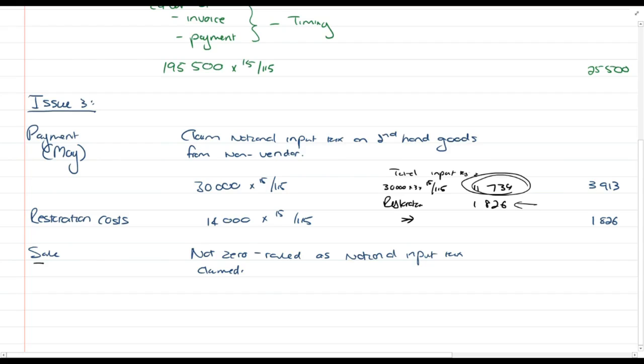Remember, if this was a pure export, if I had not paid notional input tax, then there would have been no output tax and I would have been able to claim this amount in any case. It's only this notional input tax that's the issue. If it was actual input tax, so if I bought from a vendor, I would be able to claim it. So it's just that notional input tax that causes this issue for us.